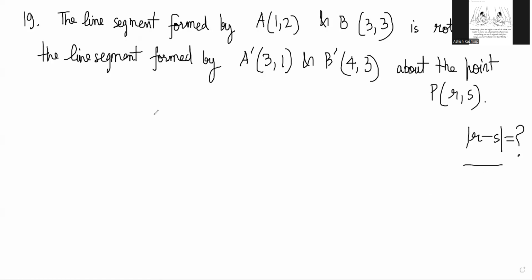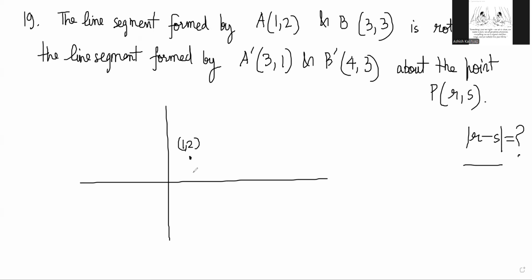So there is a line segment from 1 comma 2, which is my A. Let's mark it a little better: 1, 2, 3, 4, 5 on each axis. So 1 comma 2 is here. This is my A. And 3 comma 3 is here.